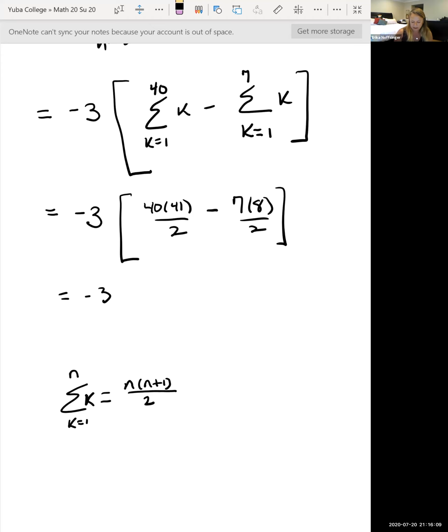We could technically factor out the 2 if we wanted to, but we really don't have to. So 40 times 41 is 1,640, minus 7 times 8, which is 56, all over 2.